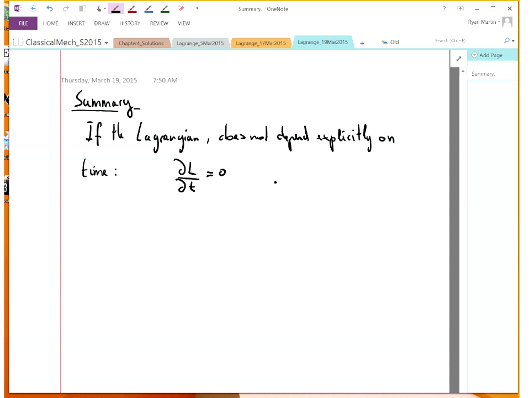Careful, that's different than saying dL/dt, right? dL/dt is not 0 because L depends on the coordinates, and the coordinates themselves depend on time. However, the partial derivative of the Lagrangian may be 0.